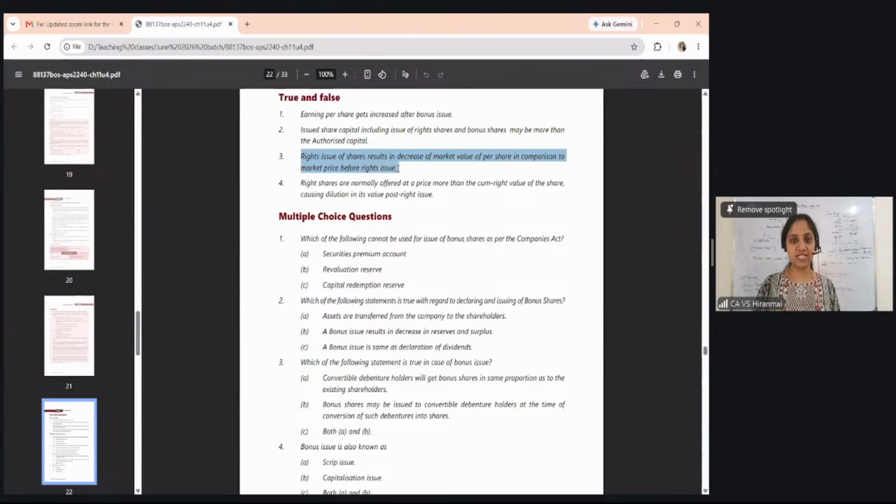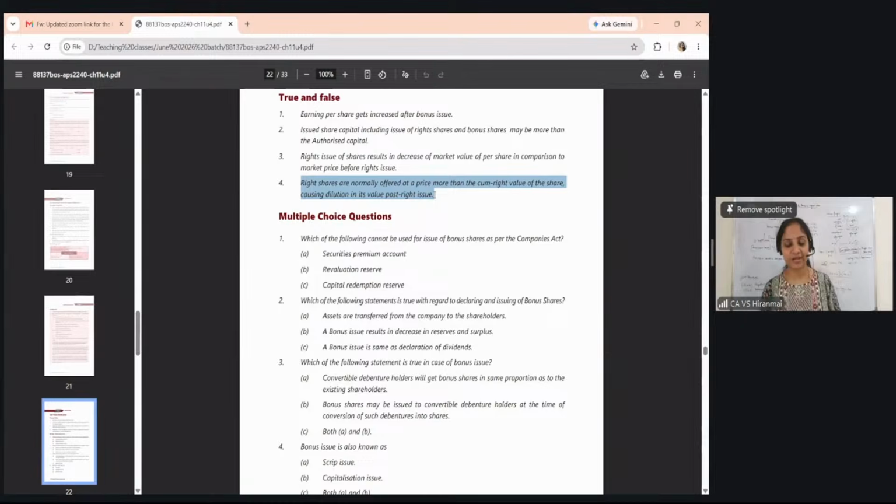Rights issue of shares results in the decrease of market value per share in comparison to the market price before the rights issue. Yes, market conditions get adjusted in such a way that the ex-price after the rights issue will always be lesser than before the rights issue.